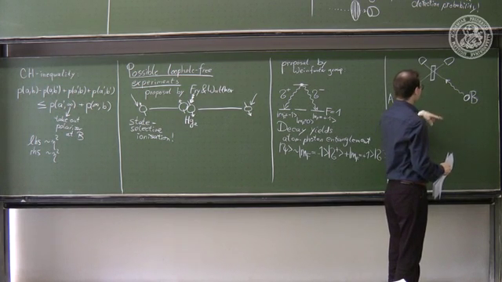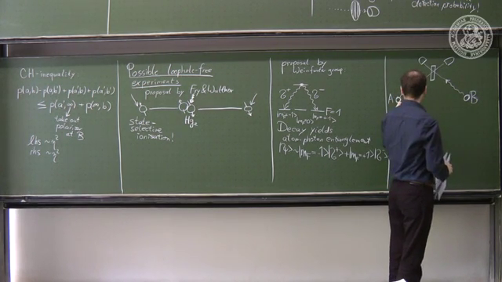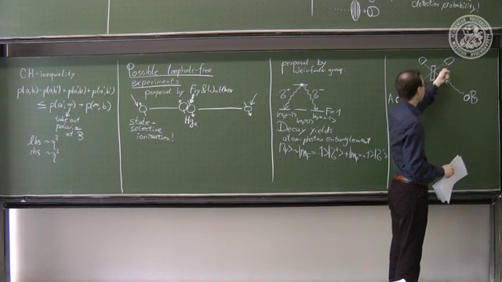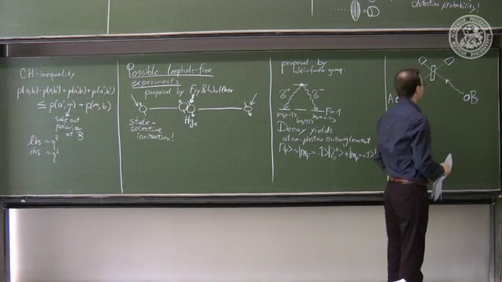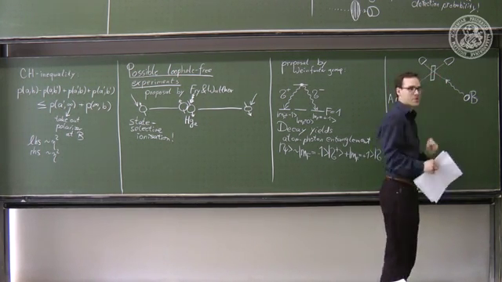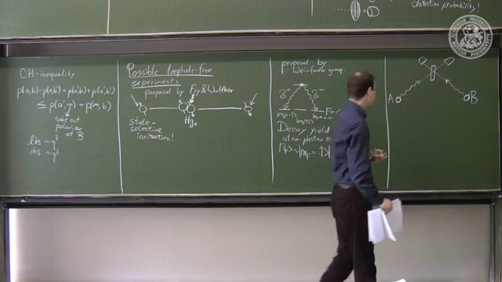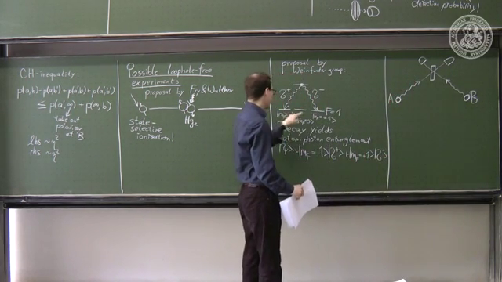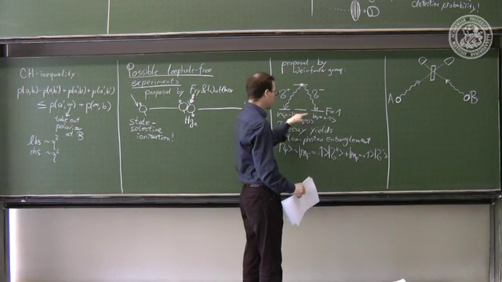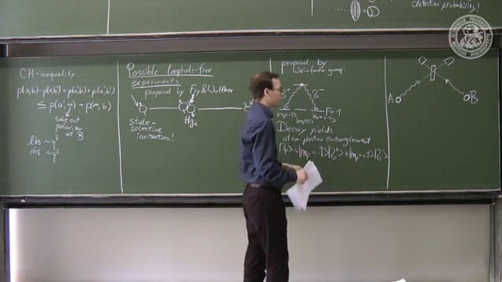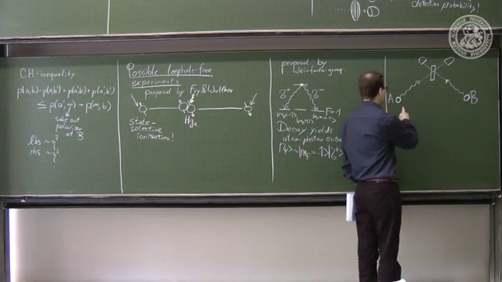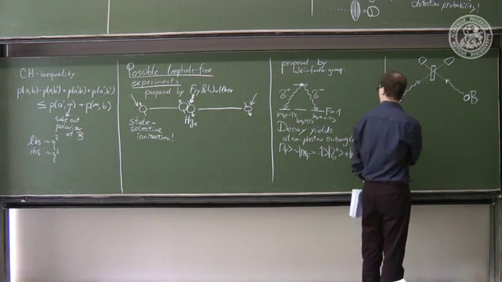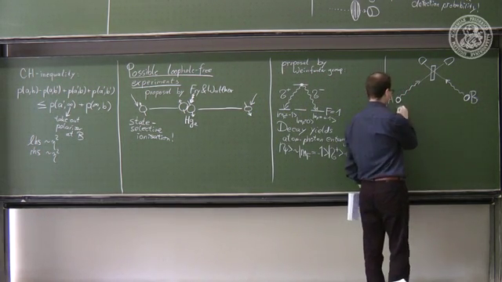So the idea is to run through this experiment many, many times, excite both of the atoms, register clicks here, and then just keep the correct events where you know that now the atoms must be entangled. And since this is stored in an internal hyperfine level of the ground state, these are fairly long-lived, and then you have enough time to read out the atomic state, and that you again do by spin-selective ionization.